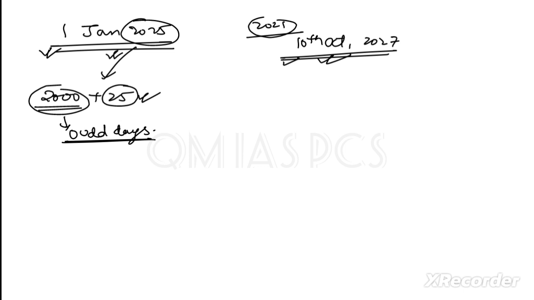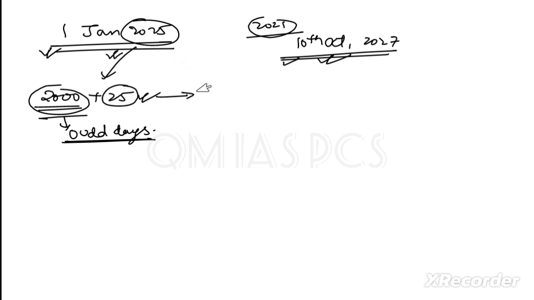So for 25 years, first of all, see how we are solving. First we disintegrate this, then we find how many centuries are there. Based on that, from centuries we find how many odd days are there. Then it is 25 years, we have to find how many leap years are there.